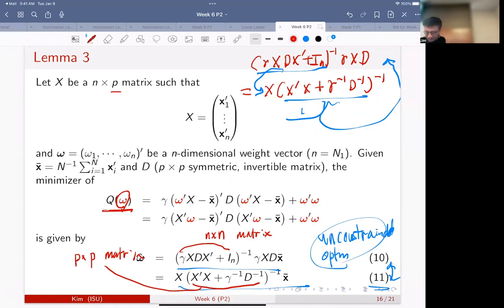So that means this one involves the inverse of the n by n matrix, while this one is the inverse of a p by p matrix, right? So the second term is easier, generally speaking. n can be like 1,000 or 10,000. p is just 10 or 20, right? So the second part should be much simpler.